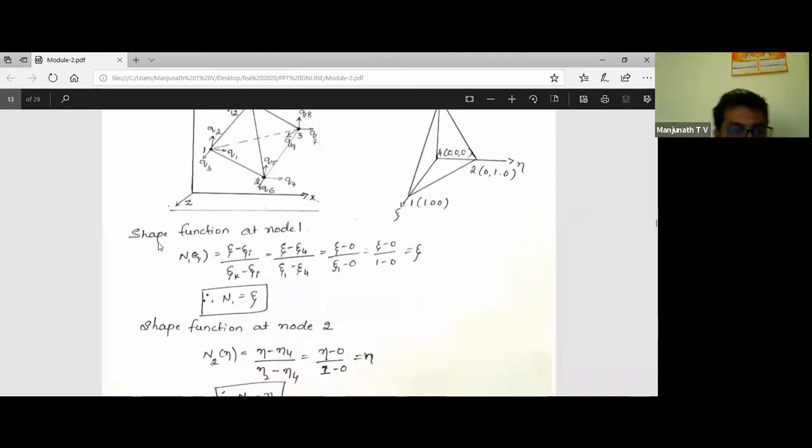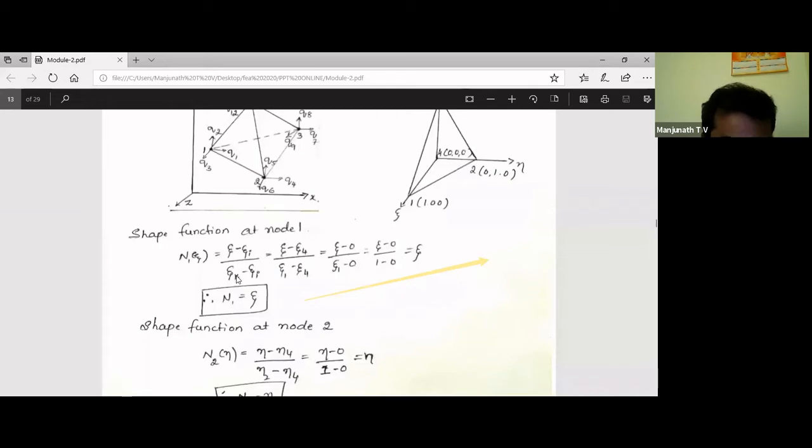Now we are going to obtain the shape functions. Just consider node number 1. If it is one element only, it consists of 2 nodes, node number 1 and node number 2. If you want to calculate the shape function at node number 1, then node number 1 is equal to k, so k value is equal to 1, and the remaining node here, if you consider this element, is node 4.